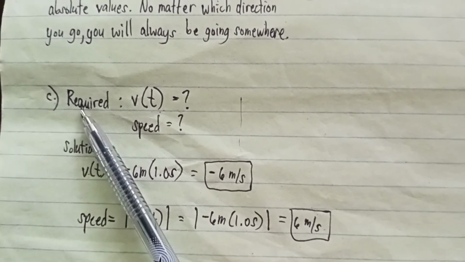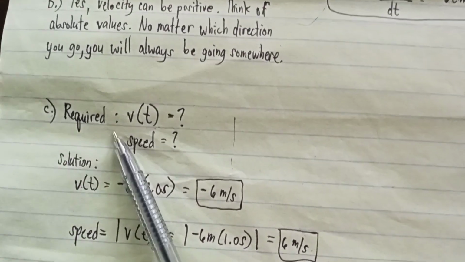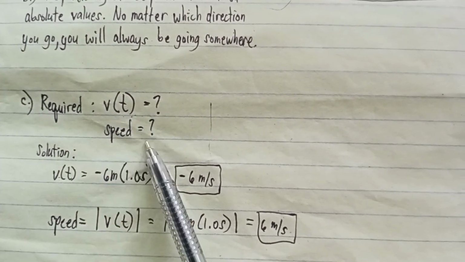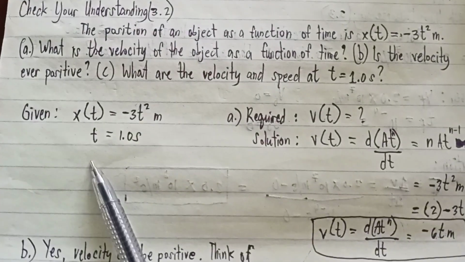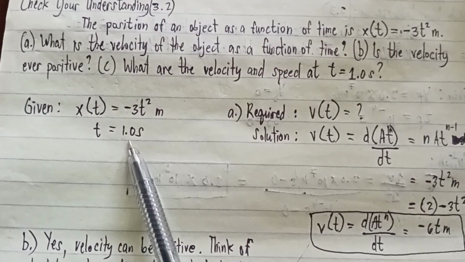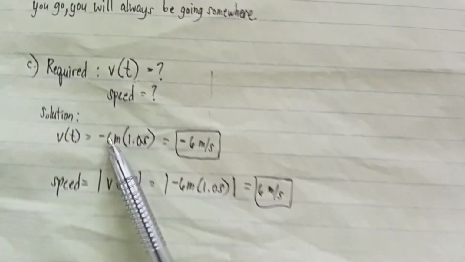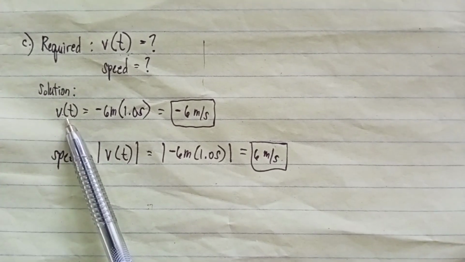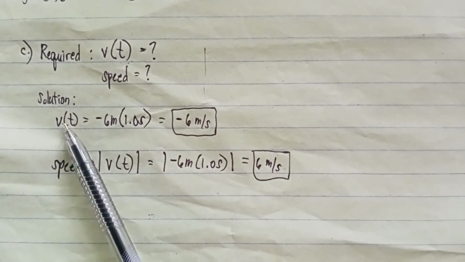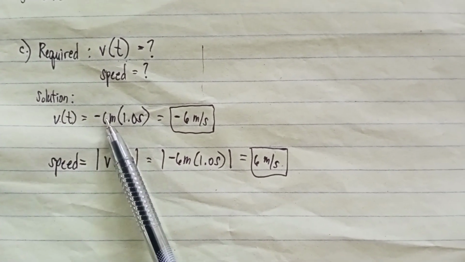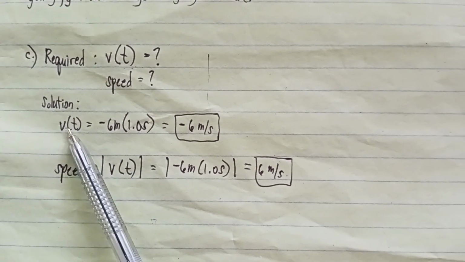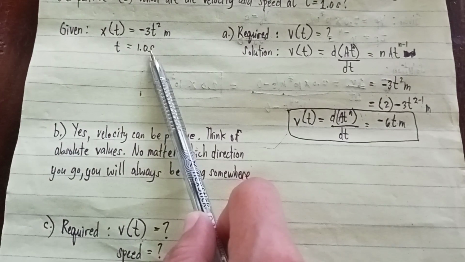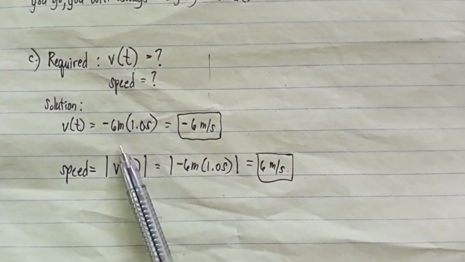Letter C. Required here is to find velocity and speed at t equals 1.0 second. Solution. First, the velocity, which is v equals negative 6t m, where t equals 1.0 second.